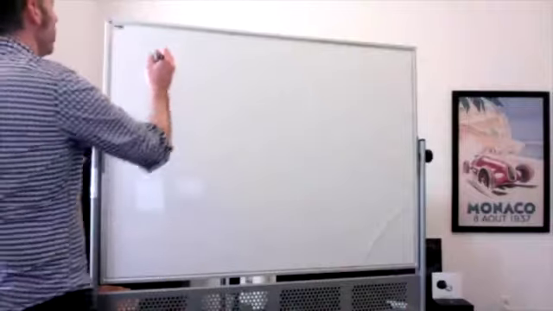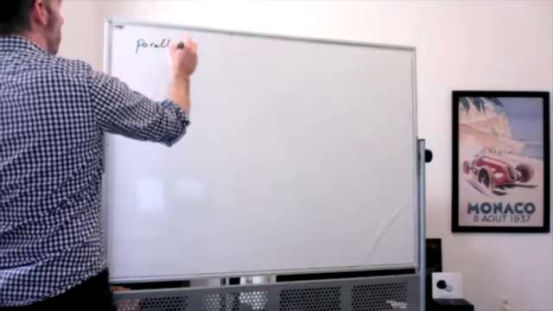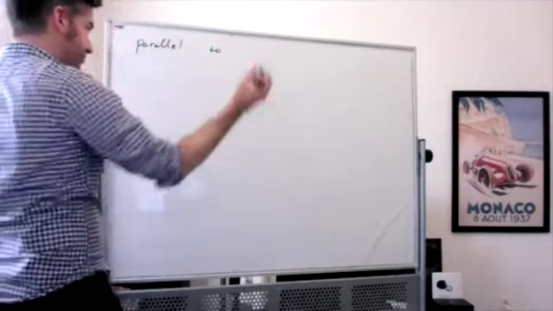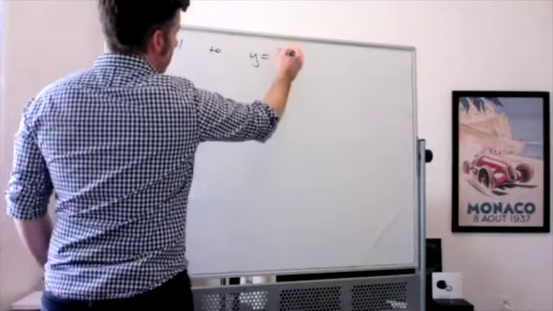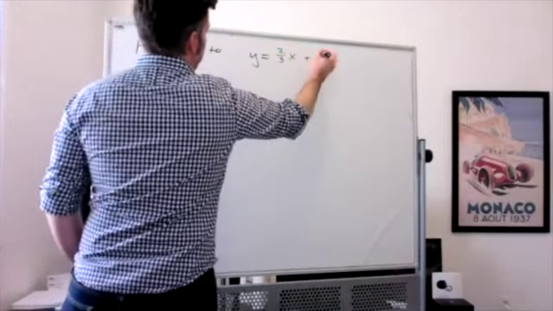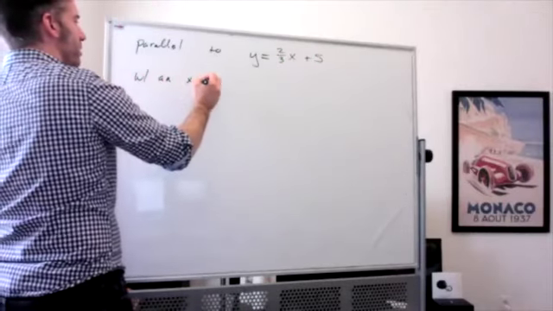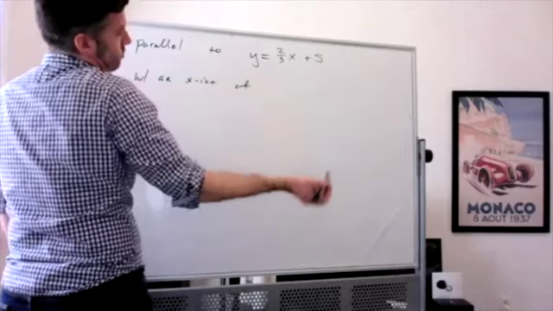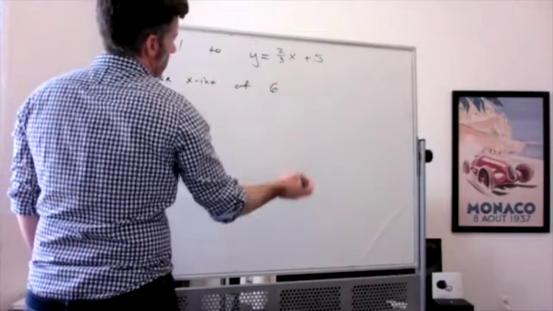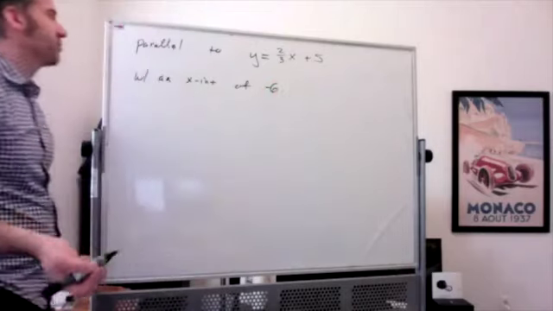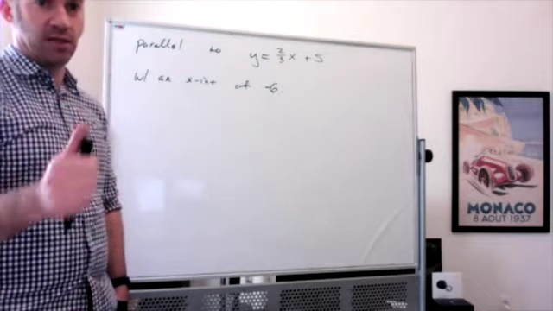So let's say we want to find the equation of the line parallel to y equal to 2/3 x plus 5, with an x-intercept of negative 6.